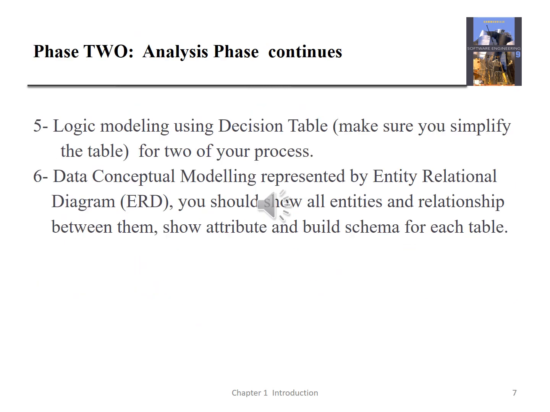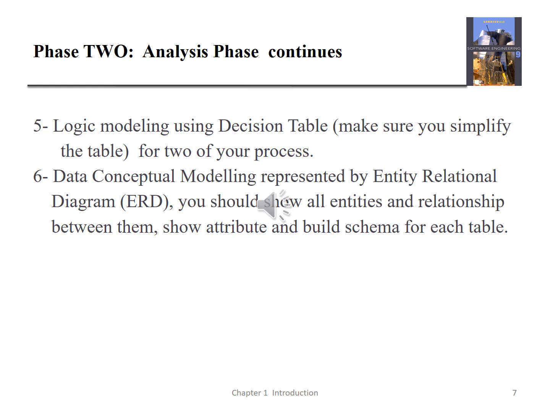Well, after we reach the N level, the lowest level of DFD, which is going to represent the function, the program we are going to construct, we are going to write. So we'll go to one of these programs and do the logic modeling, the algorithm inside, the logic inside that program.